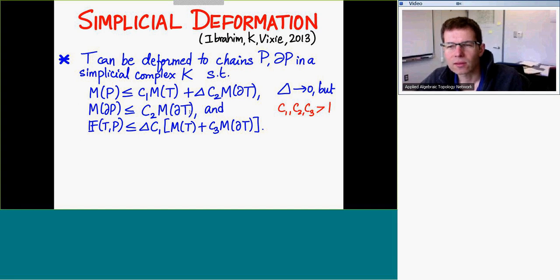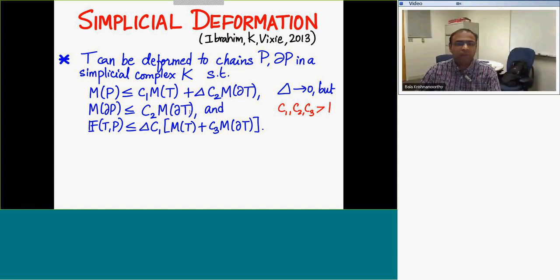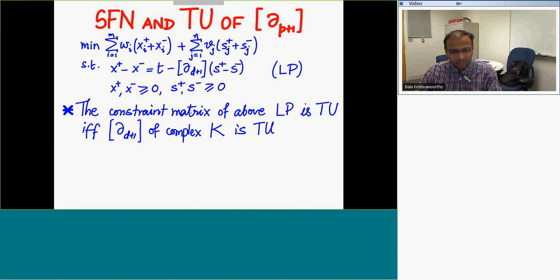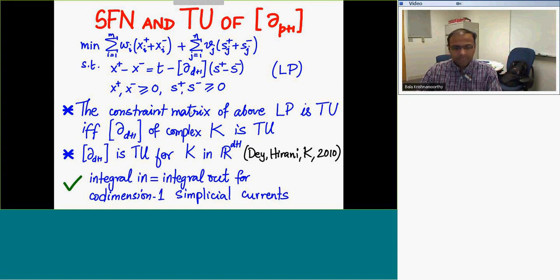Well, the simplicial one in codimension 1, you can actually solve as a linear program, when the matrix is totally unimodular. So this is the simplicial flat norm. Integral in, integral out, but you can actually solve the linear program relaxation and you will get the simplicial flat norm. You can compute the simplicial flat norm in polynomial time.